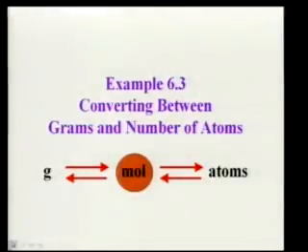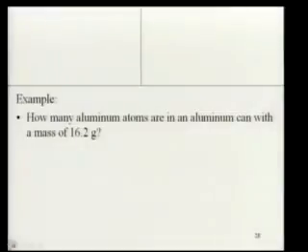You cannot go straight from grams to atoms or atoms to grams without going through moles first. Okay? Moles is sort of the central hub of all of this. It's extremely important. So from here, you can go back and forth. From here to here, you can go back and forth. But to go from either end to either end, you got to go through moles to make that happen. So keep that in mind.